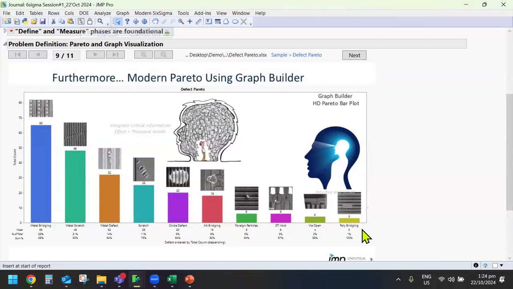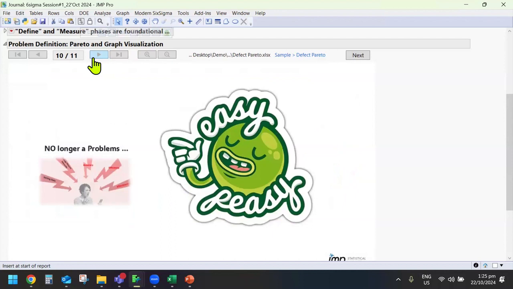Because we know one picture is better than 1,000 words. Try to put some pictures into your Pareto, into your data visualization, so that when you go for presenting, the information is much clearer, much more visual, with no need for additional language explanation. When people see that, they will know it easily.